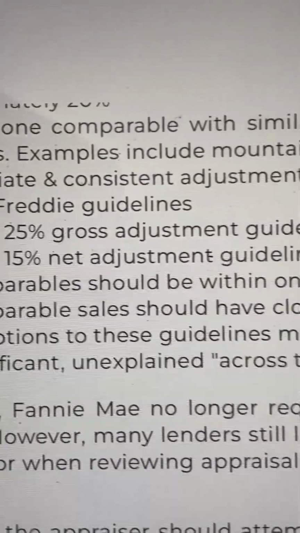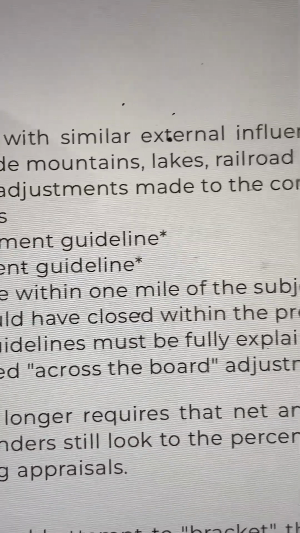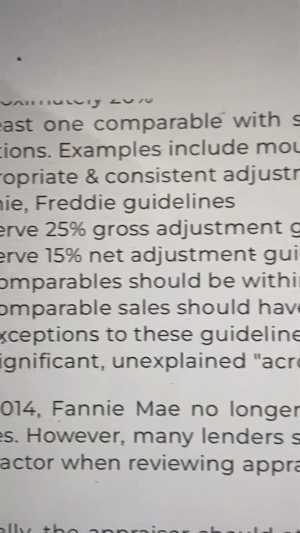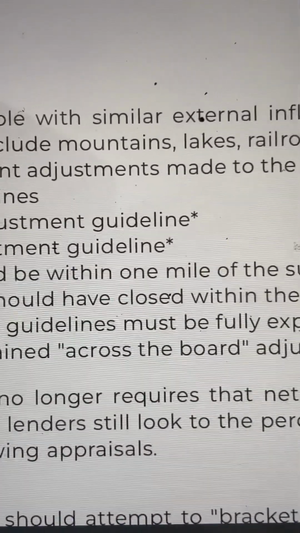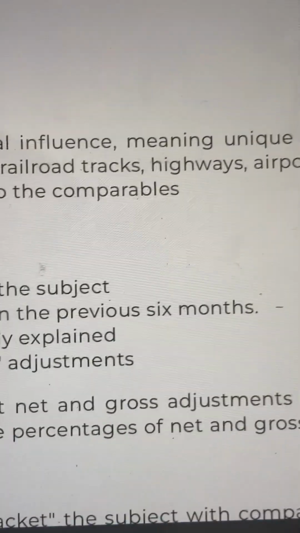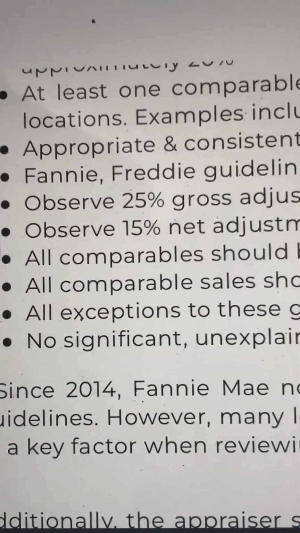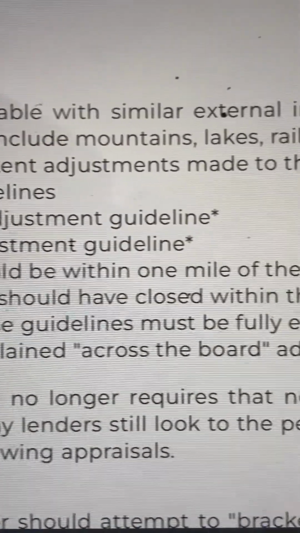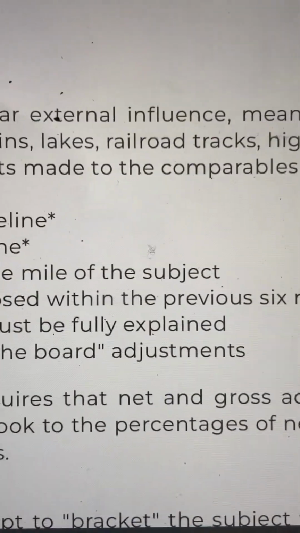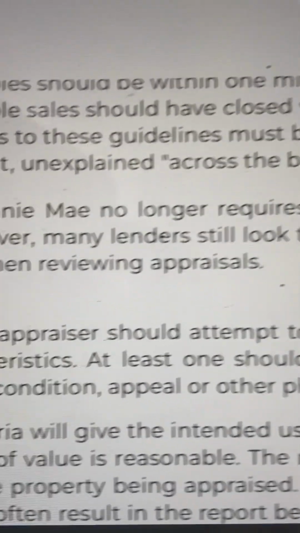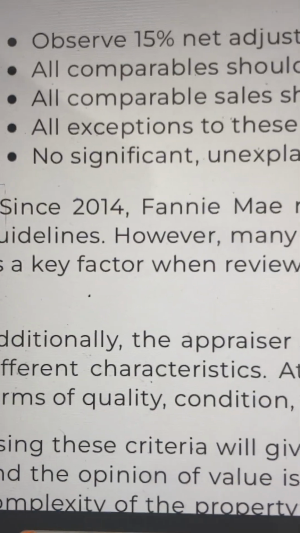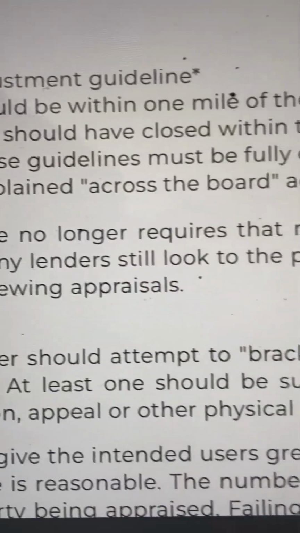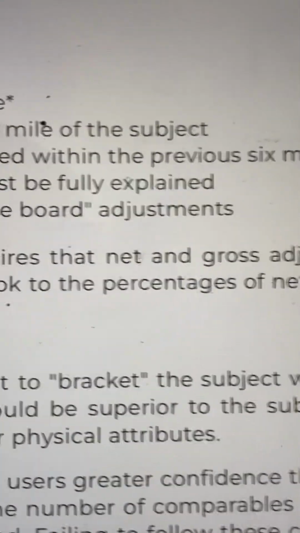All comparables should be within 1 mile of the subject. All comparable sales should have closed within the previous 6 months. All exemptions to these guidelines must be fully explained. No significant, unexplained, across-the-board adjustments.